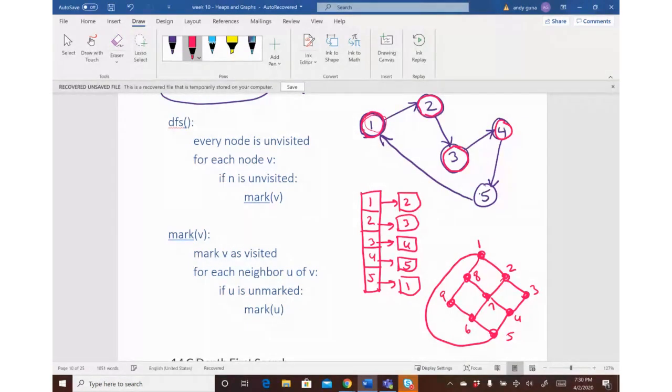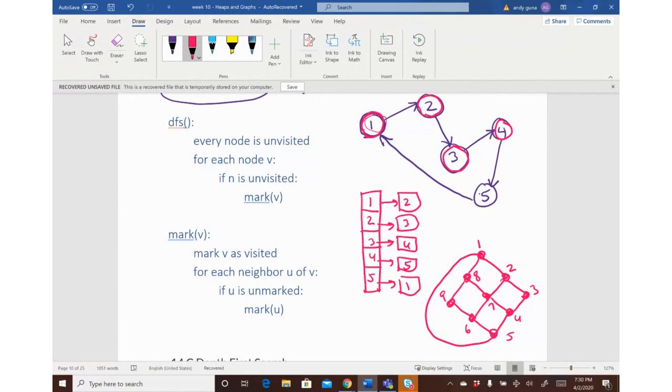So there are 9 vertices in this graph. And what we're going to do is we're going to see if there's a cycle from 1 to 1. Or we're going to do depth first search to find this.